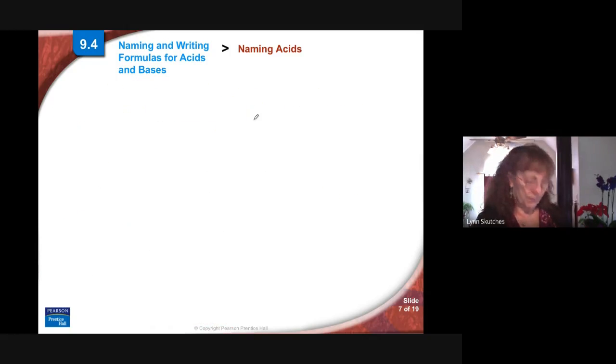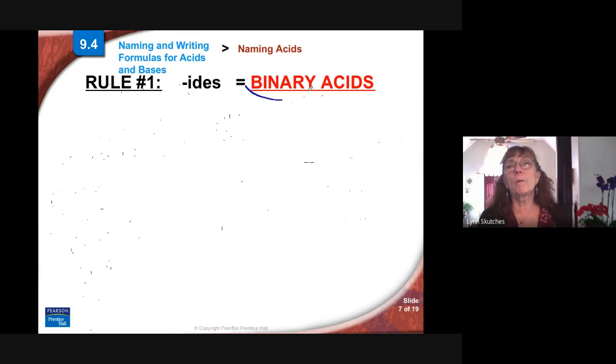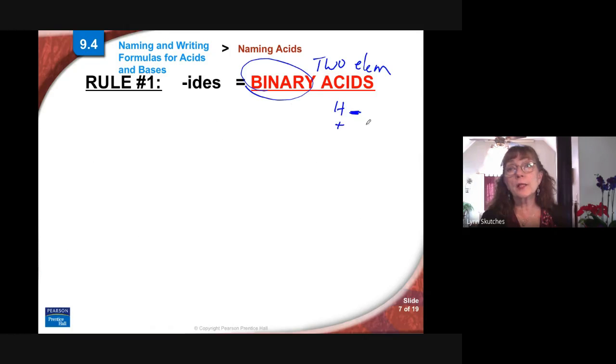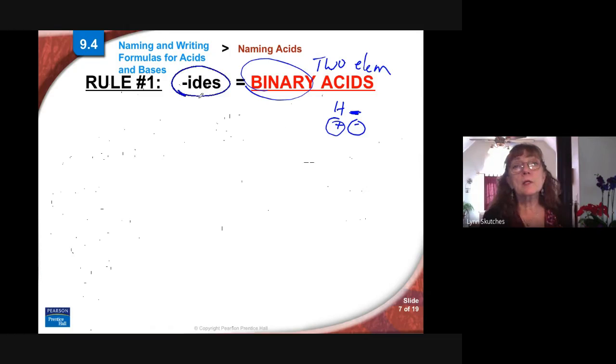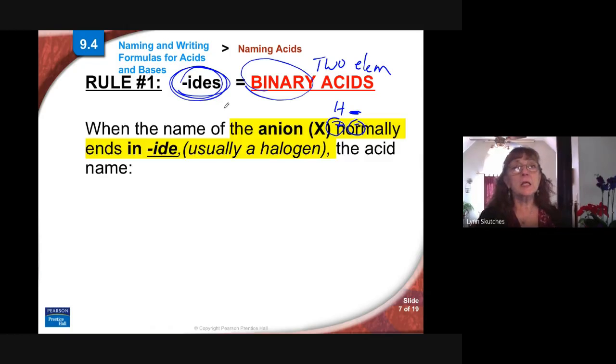I'm going to switch my pen color again. So rule number 1 is regarding acids that are what we call binary acids. So again, remember that means 2 elements. One of the elements has to be hydrogen. So there's just one more. Hydrogen's the cation, and there's some anion. So these monatomic ions end in ide. Okay? So the anion normally will be named ide at the end.